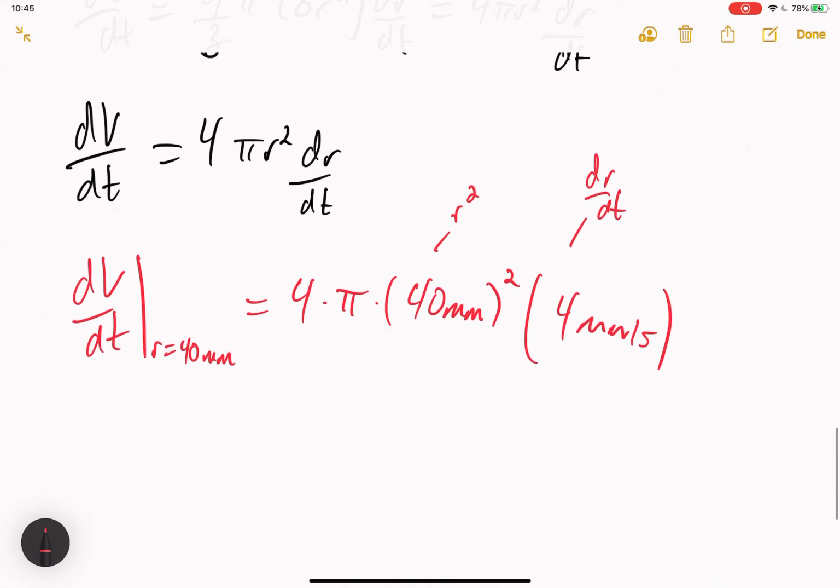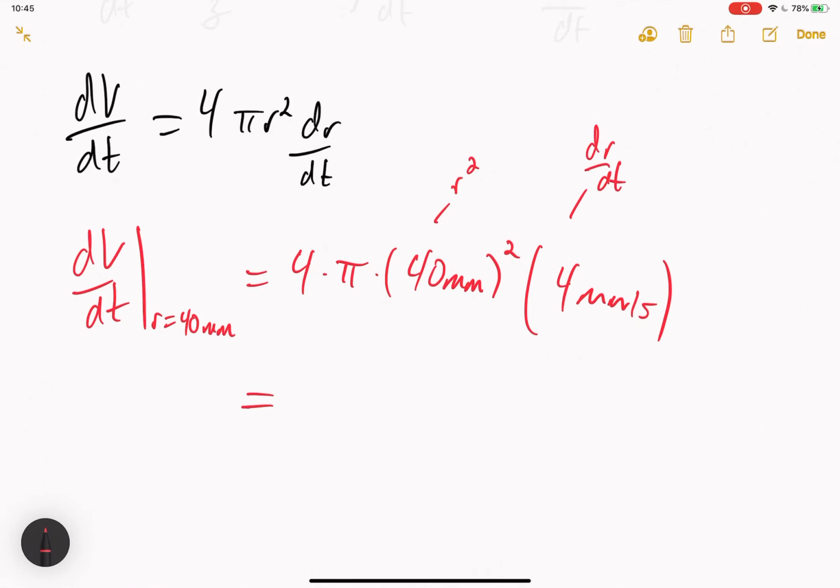So this is a section where you just plug it into a calculator, and you just get 25,600, and then you would want to keep all your units together. So millimeters squared times millimeter is going to be millimeters cubed, still divided by seconds, and that's a change in volume.